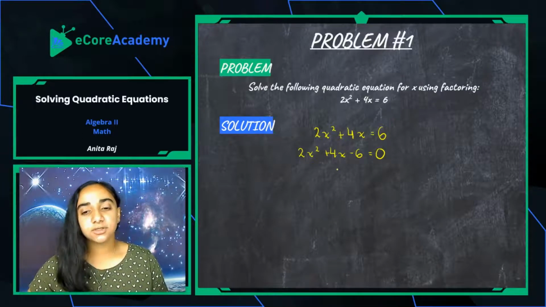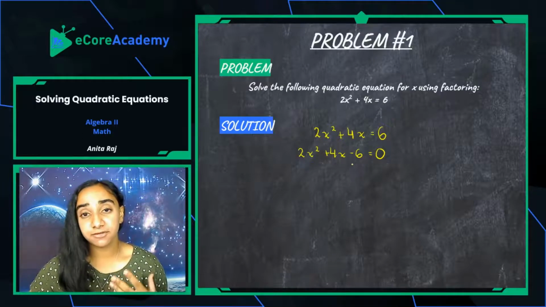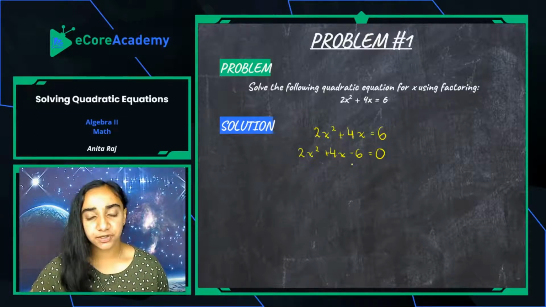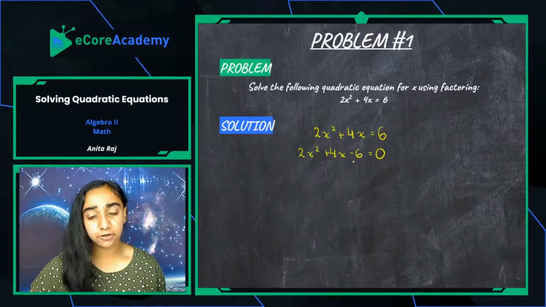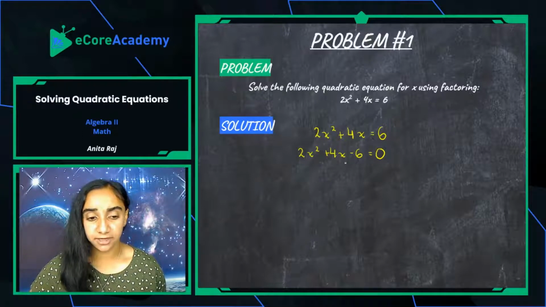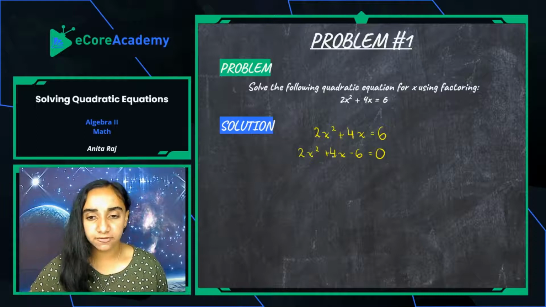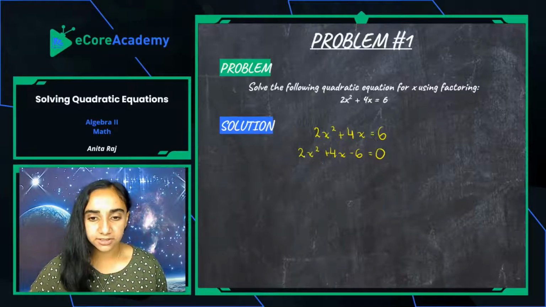So the next step is that we actually have to factor this. Remember, in the last problem it was already factored for you. Now we actually have to factor this. The first step of factoring is seeing if we can GCF something out, especially because the absolute value of our A term is not equal to 1. Our A term is equal to 2. So is there any possible way that we can factor 2 out? Well, yes, there is, because 2 goes into 4 and 2 also goes into 6.